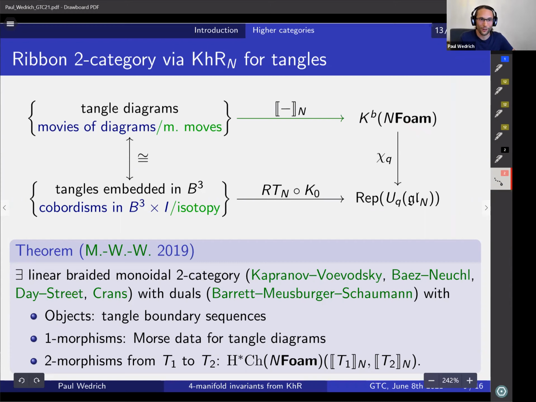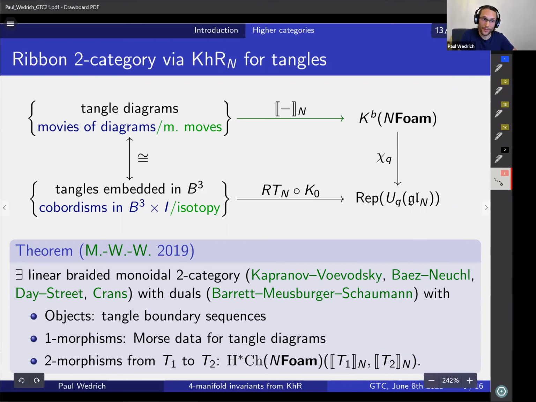The only thing that might be relevant is that when you have this category and you form the graded Euler characteristic, when you decategorify this, going to the triangulated Grothendieck group, then you recover something like the morphism spaces in the representation category of U_q(gl_N) in their incarnation in terms of webs following Kuperberg, Cautis-Kamnitzer-Morrison, and others. So in some sense, this is a categorification of the Reshetikhin-Turaev functor, or a piece of it.